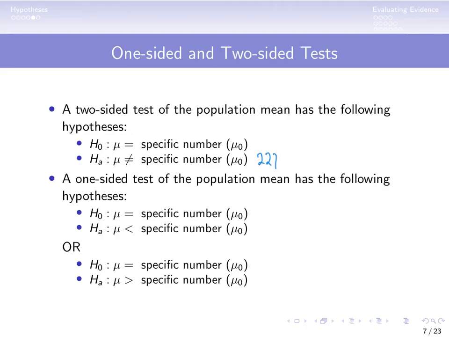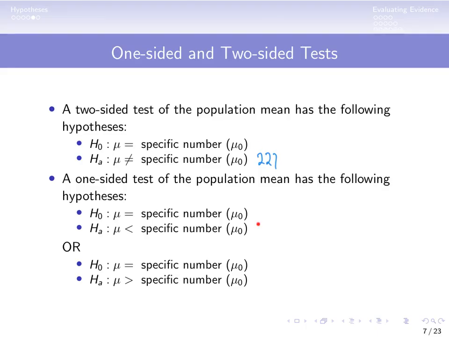Now, depending on your situation, you might be interested in what we call a one-sided hypothesis test. Your alternative hypothesis could say that the average is greater than a specific value. These tests are for when you are interested in testing in one specific direction, whereas a two-sided test just says it's different from, so it could be greater than or less than.